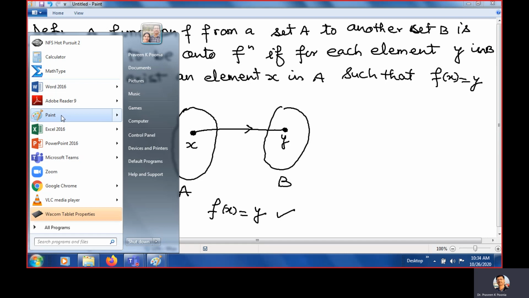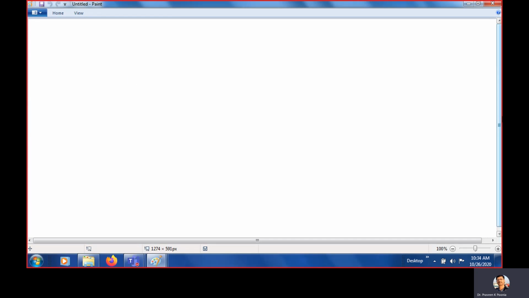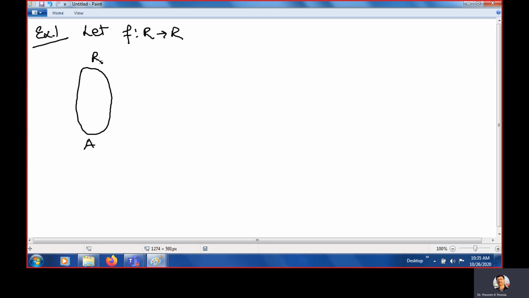It will be more clear. We will try to solve 2-3 questions, and this is example number 1. Let f from R to R, where R means the set A of real numbers, and another set B that is also the set of real numbers. Clear?